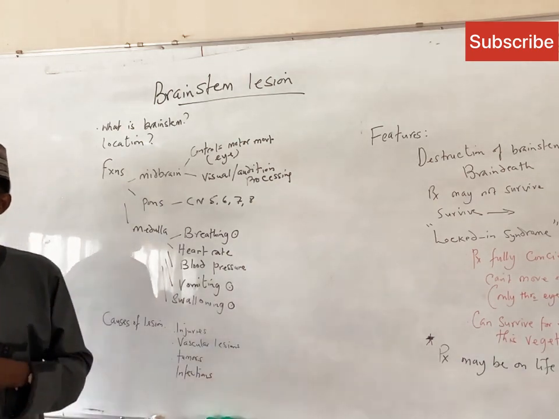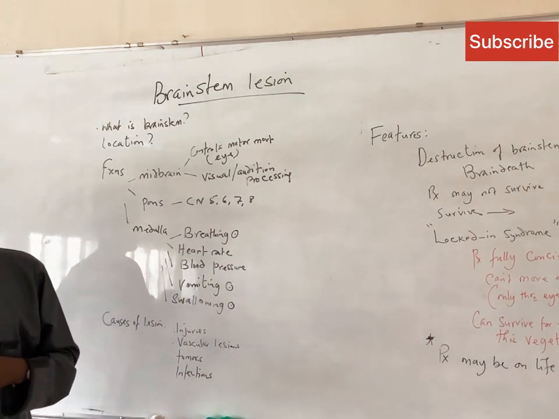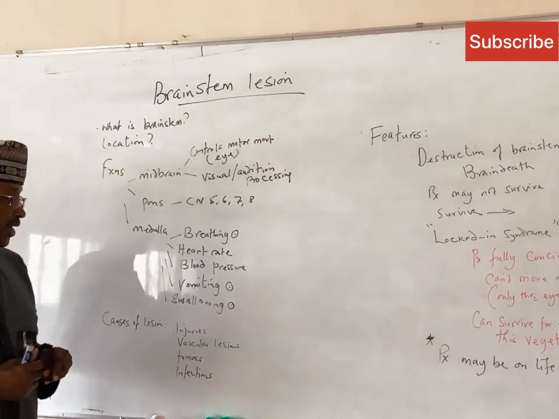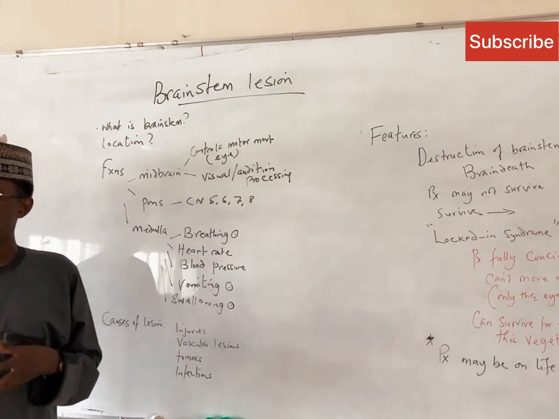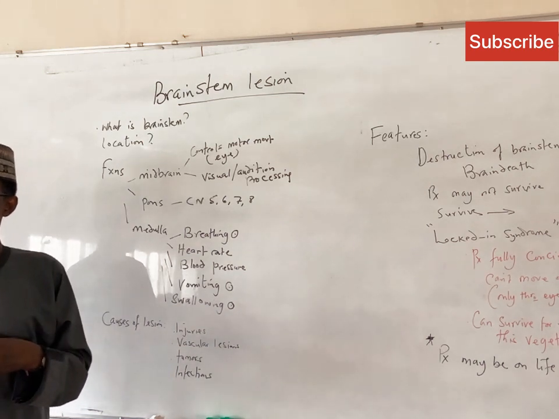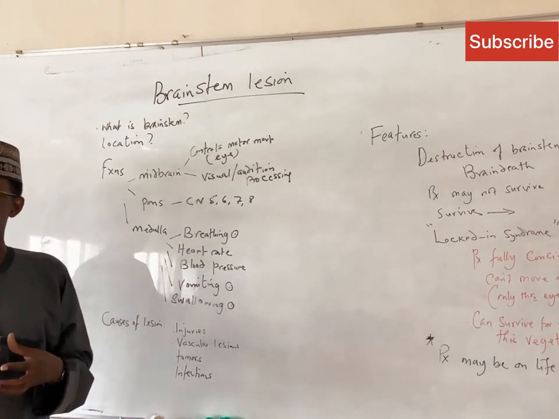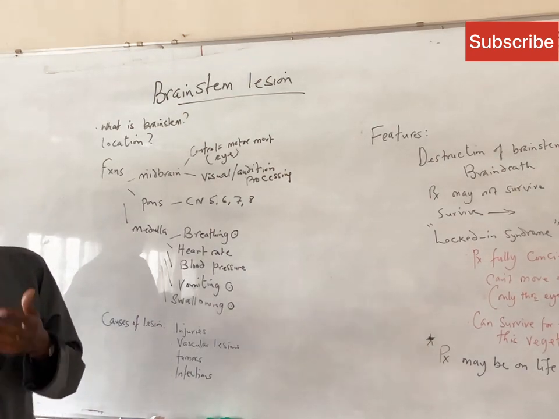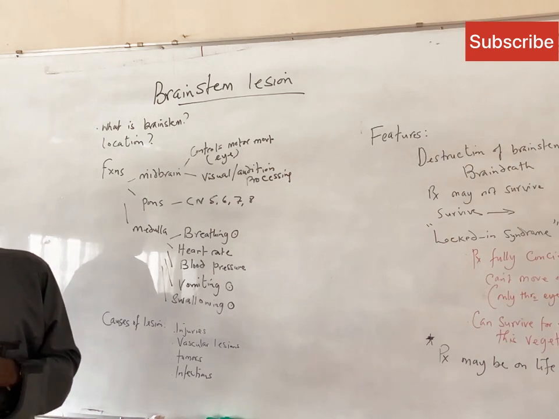Similarly, our breathing pattern, breathing in and out, the breathing center is also located in the medulla oblongata. Similarly, the blood pressure. We have what we call carotid baroreceptors around the common carotid artery and the arch of the aorta.